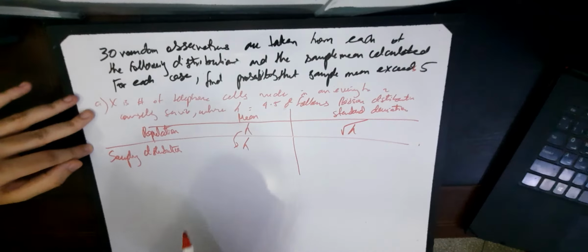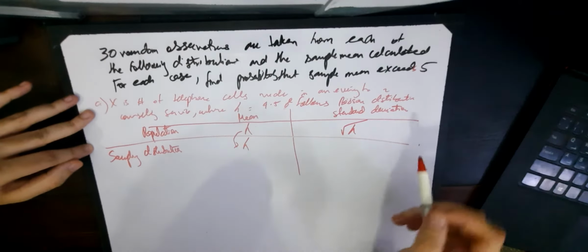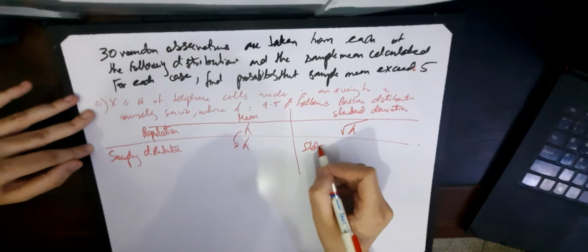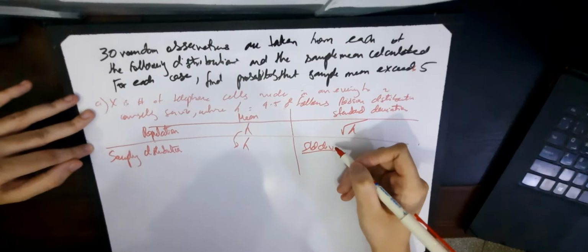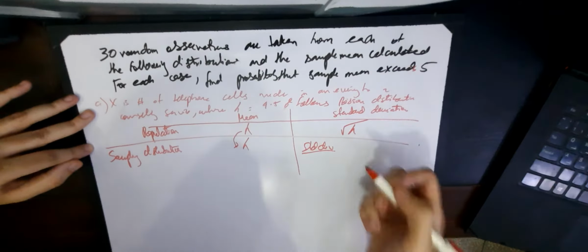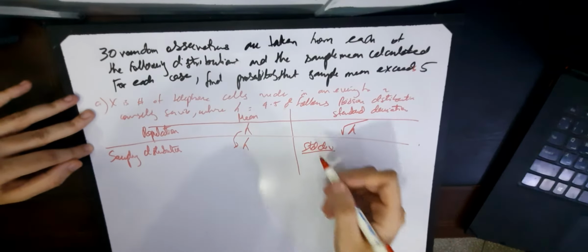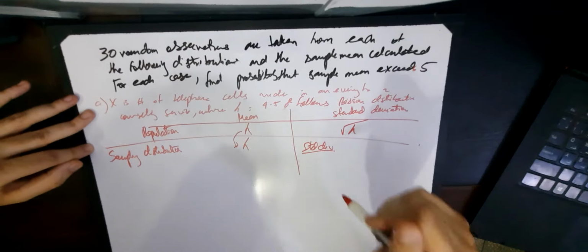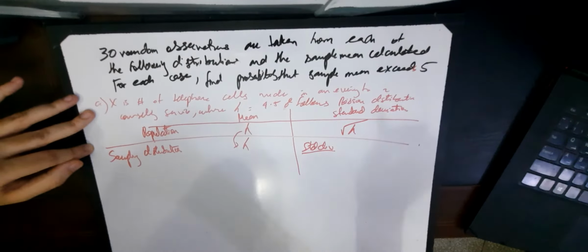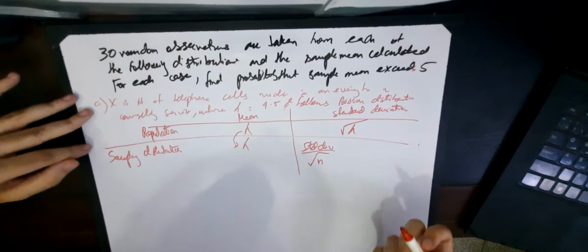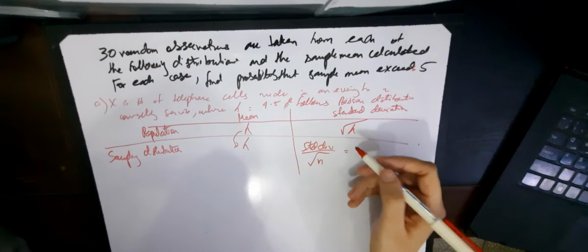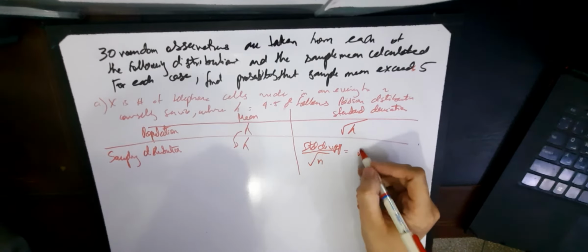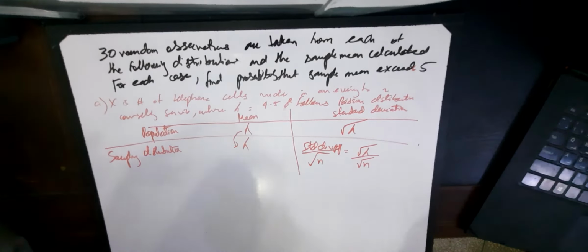And your sampling distribution of sample means has a standard deviation, or what you call a standard error, which is equal to the standard deviation, which could be of the population or the sampling distribution as well. It depends on what has been given to you in the question. In this question, we already have the standard deviation of the population, so we'll use that, divided by square root n. So the standard deviation of the population is actually square root lambda, so we'll just put this over here.